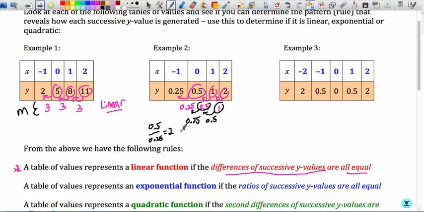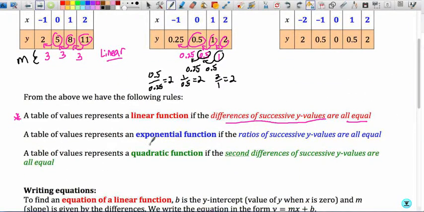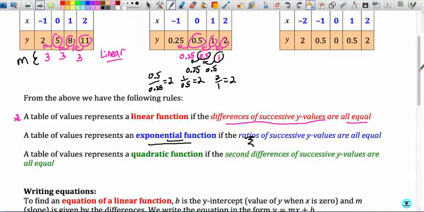Then 1, divided by the previous term, which is 0.5, once again produces 2. 2 divided by the previous term, which is 1, will once again produce 2. And what we have here is a common ratio. So when we divide, all three of the answers produced are the same, and so that tells us that this function is in fact exponential because the ratios of the successive y values are all equal.